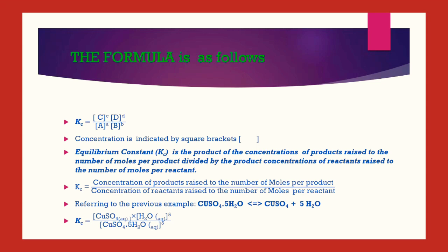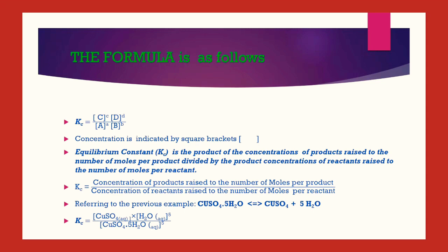Referring to the previous example of blue copper sulfate, CuSO4.5H2O, reversible reaction sign, arrows showing both sides, opposite sides. 1 mole of copper sulfate, CuSO4.5H2O, forming 1 mole of copper sulfate, CuSO4, plus 5 moles of water, 5H2O.